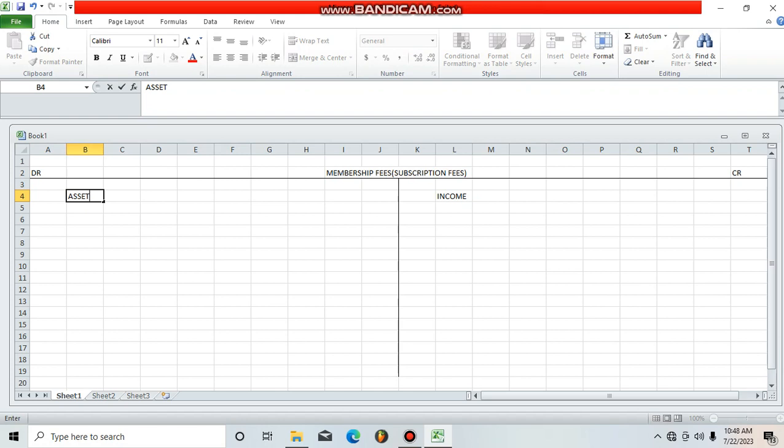What this means is you're going to have information in your question paper or examination. They're going to tell you, for instance, that five members did not pay the membership fee for 2019, which is the previous year. Let's say the membership fee is 100.